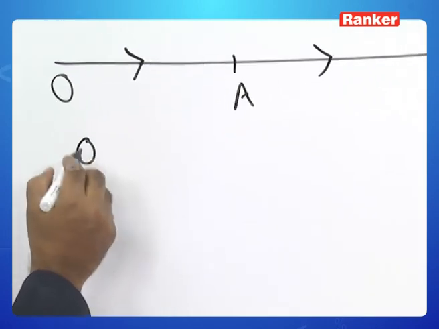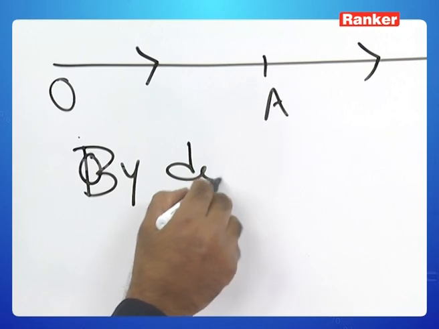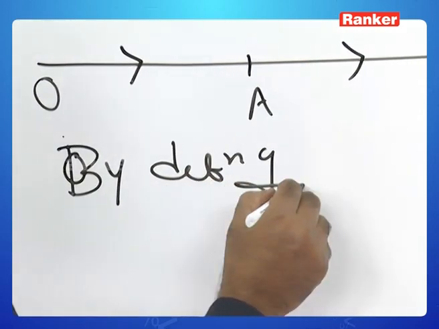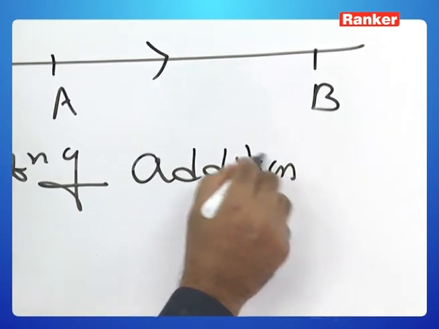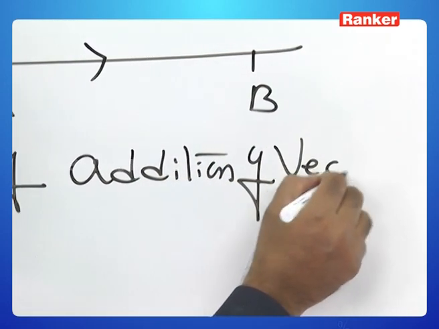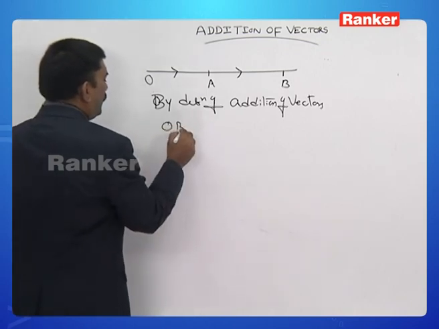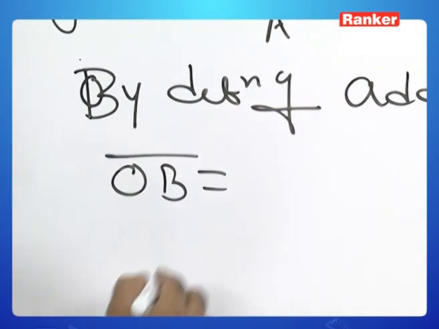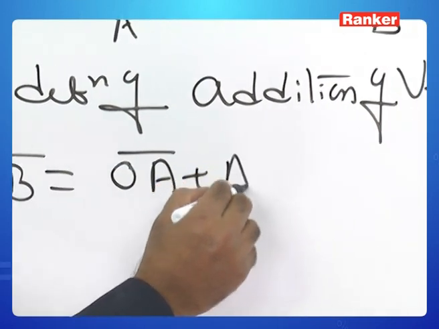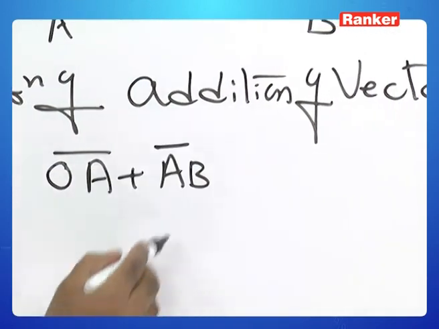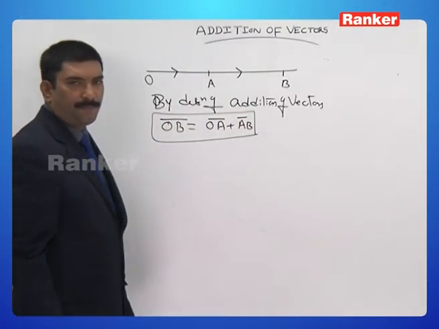Now look here, by the definition of addition of vectors, OB bar can be written as: the terminal point of the first vector must coincide with the initial point of the second vector.